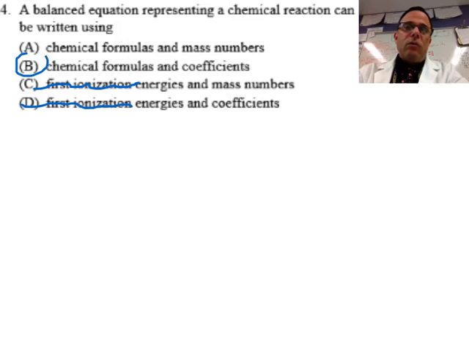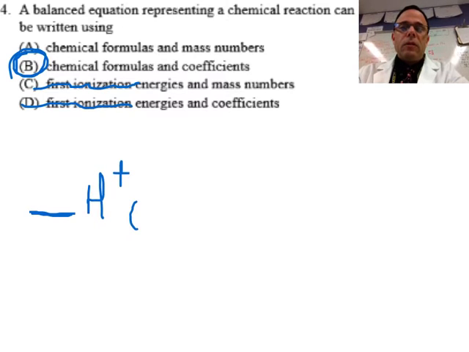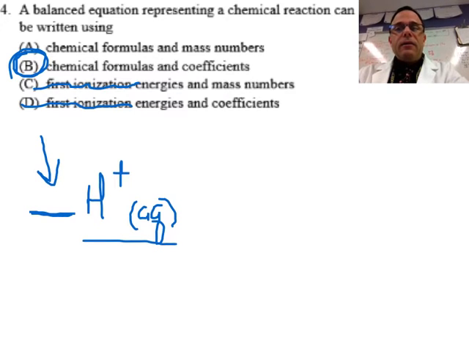And that's exactly what it is. B, the coefficient, which is the number that can lie before a reactant or a product to modify its quantity. So the coefficient would be that big number that goes before the formula, and the formula itself is necessary for writing a balanced chemical equation.